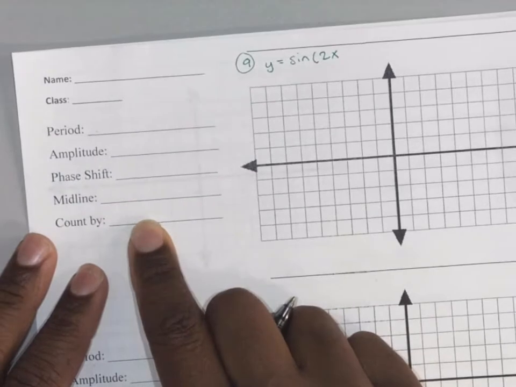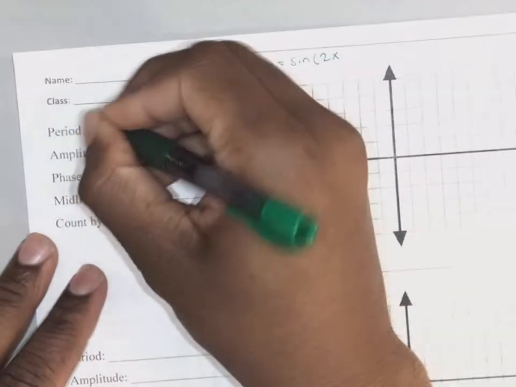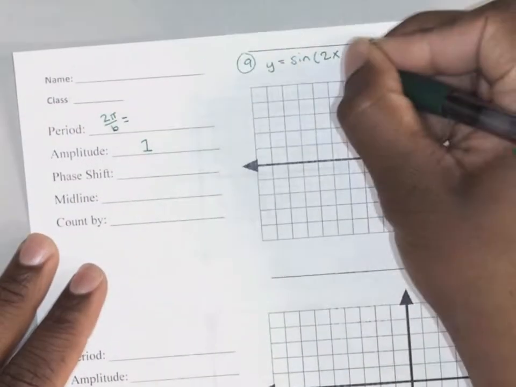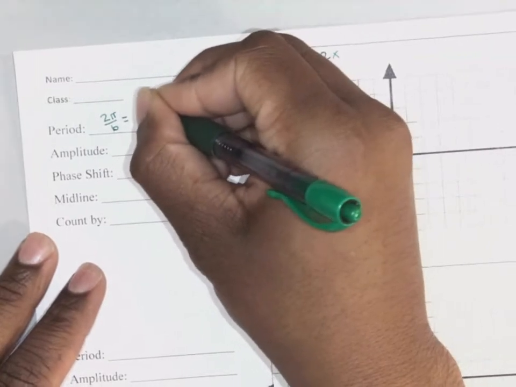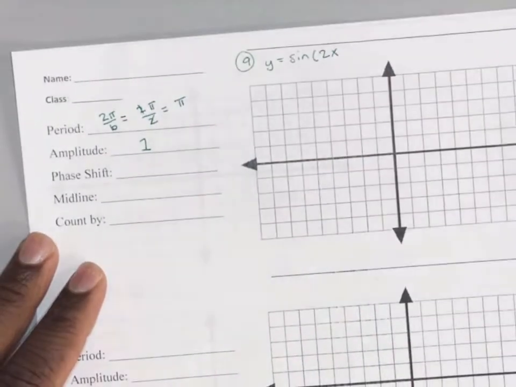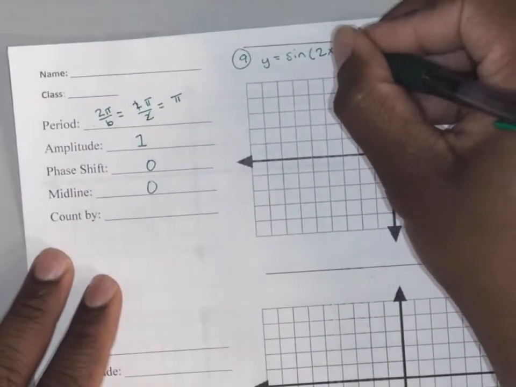So we'll fill out these just like we've been doing with the transformations. We see the amplitude here is 1. Our period will be 2 pi over b, and here b is 2, so 2 pi over 2. The 2's cancel, and our period is pi. Phase shift and midline shift are 0.